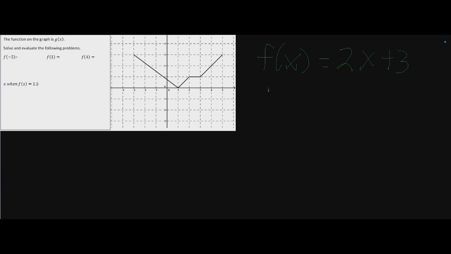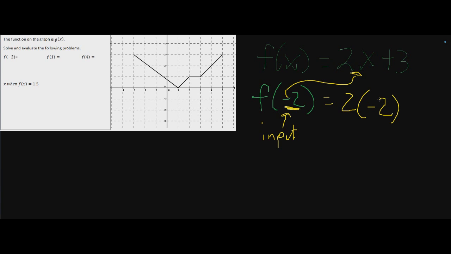If I have f of negative 2, what will we do with this negative 2? Well, this is our input, so we're going to plug that in for our x. So we're going to get 2 times negative 2 plus 3. We're plugging that in for x, all right? And so we get negative 4 plus 3 is equal to negative 1, okay?